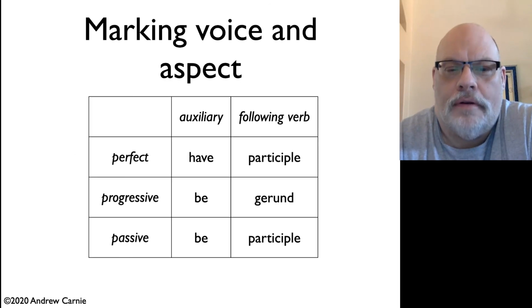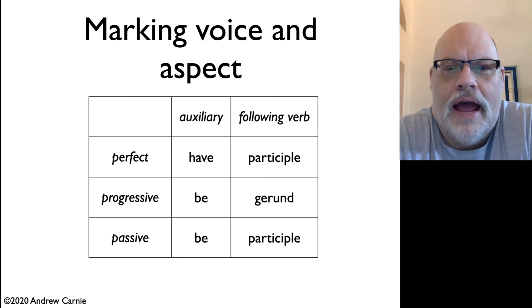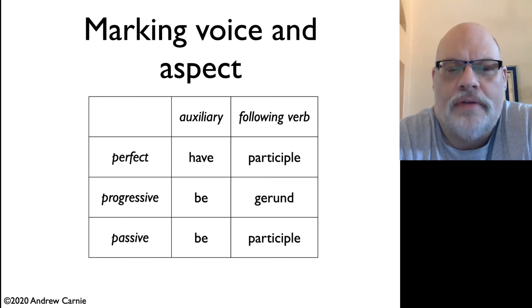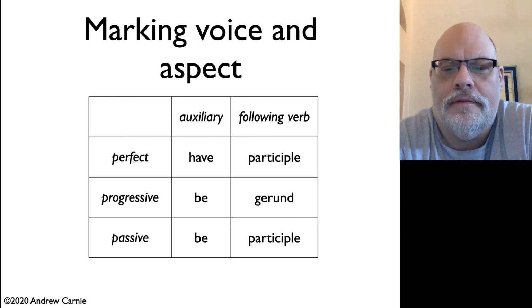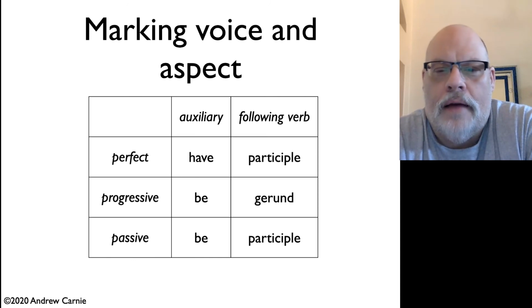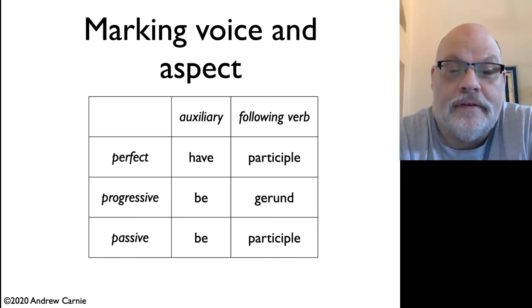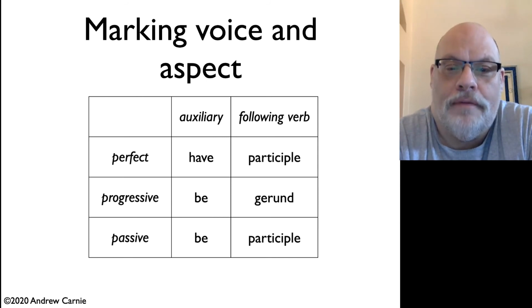Putting it all together, we see this really quite complicated pattern of aspect and voice. You can't tell whether something is a perfect or a passive or a progressive just by looking at the auxiliary or just by looking at what the verb form is. Because both perfects and passives are marked with participles, and both progressives and passives are marked with be forms.